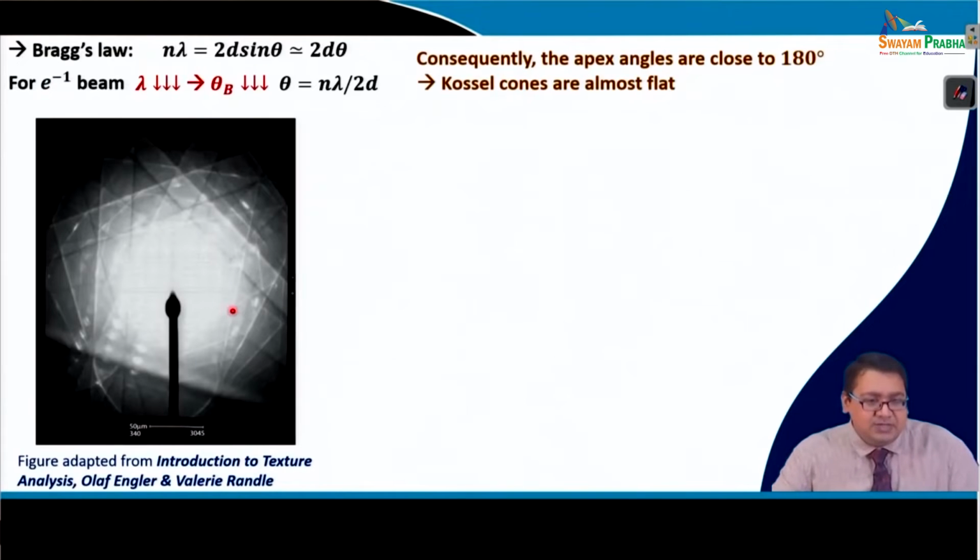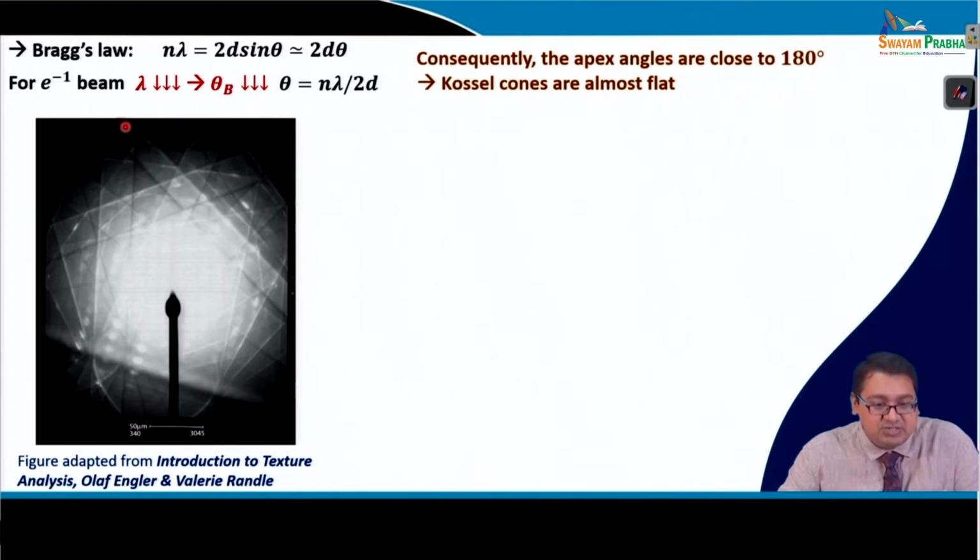So, here we are showing the figure. This figure has been adopted from the figure present in the Introduction to Texture Analysis book of Olaf Engler and Valerie Randle, and you can see what I was trying to explain to you. Here is, for example, a band, right. This is a Kikuchi band out of many Kikuchi bands.